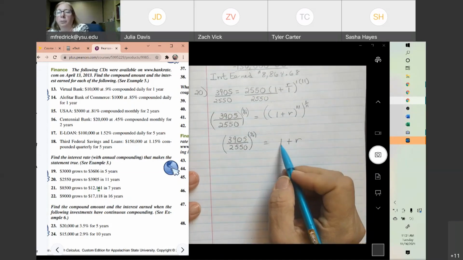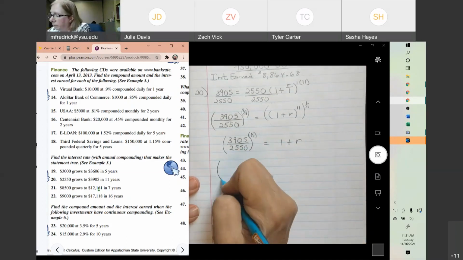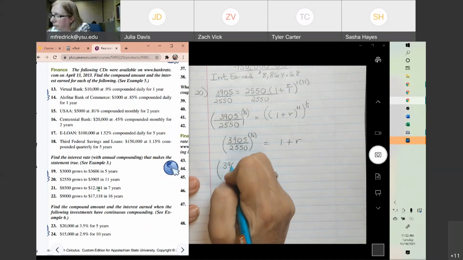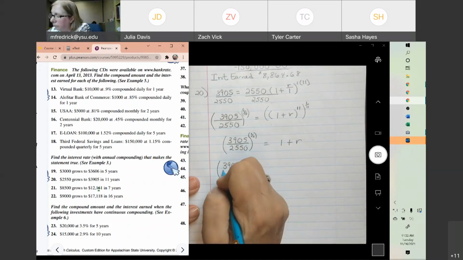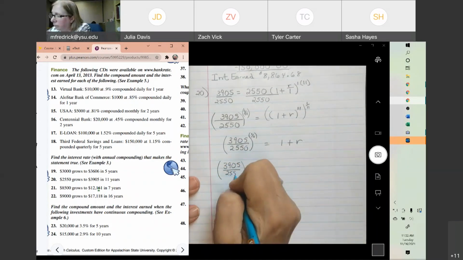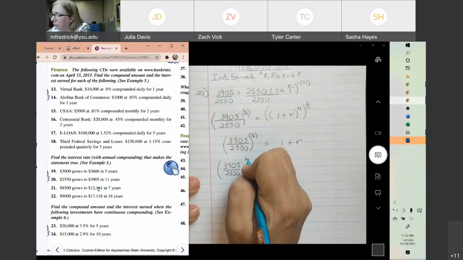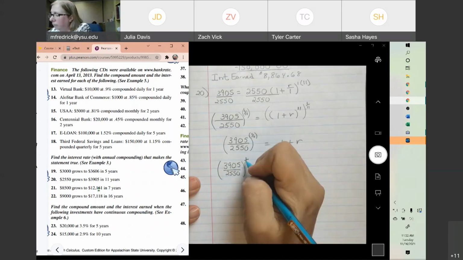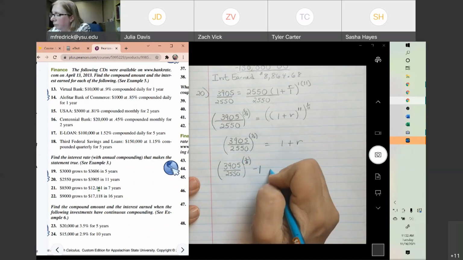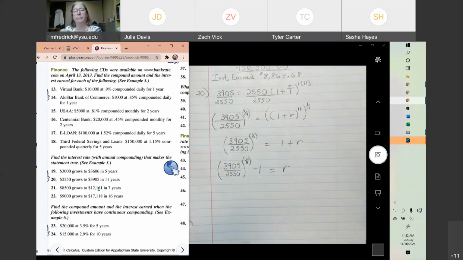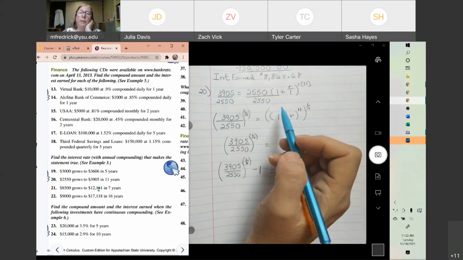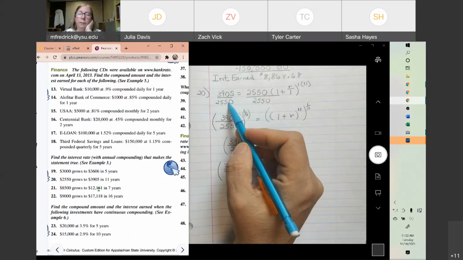And then we just need to subtract the 1. So I divided by the 2550.